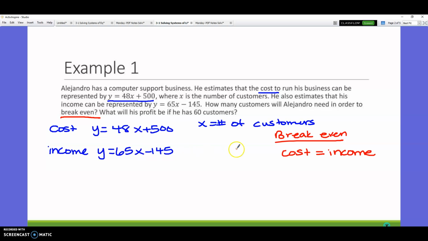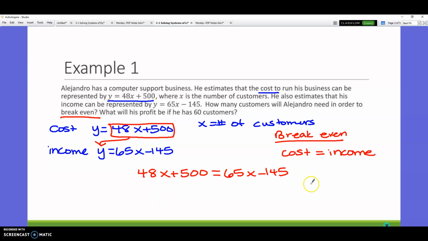Well, I already have two equations here. y is equal to this, and y is equal to this. If we want to see when they're equal to each other, then we just set them equal to each other. 48x plus 500, when is that equal to 65x minus 145? Essentially, I'm substituting this value in for this y, and then we're going to solve this equation.